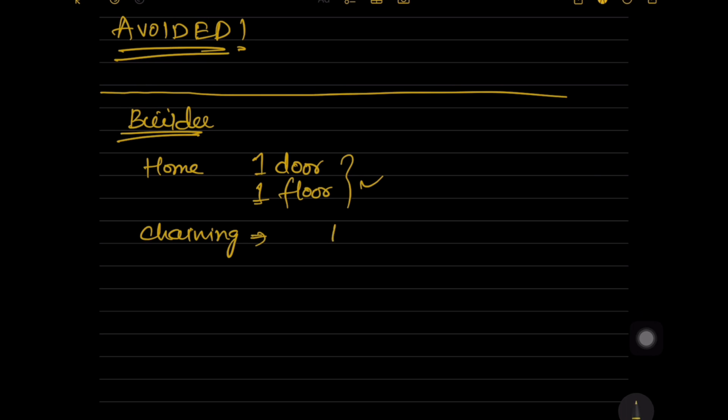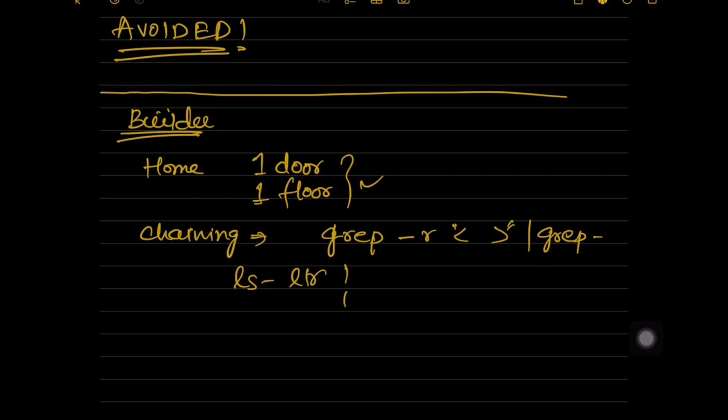If you see commands, we do grep -r on some directory or file name for some pattern, and then we can do a grep again on this if we want to narrow it down, or we do ls -ltr, and then a pipe and cut -d on some field, and then we can do an awk and then print. So this is a kind of chaining.